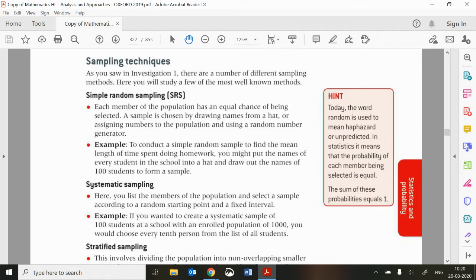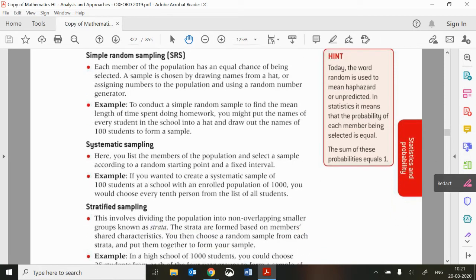Maybe it's difficult to write down everyone's name in the entire school and put them in a hat. So although this is ideal and theoretically really good, practically there might be some things which make this a relatively slow method or mean that you can't actually access some people.